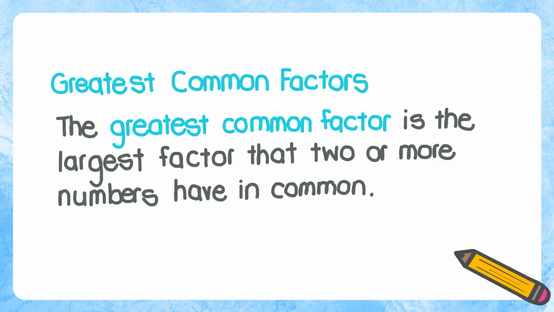Next, let's look at the idea of greatest common factors. The greatest common factor is the largest factor that 2 or more numbers have in common. So it's the largest factor that 2 or more numbers share.